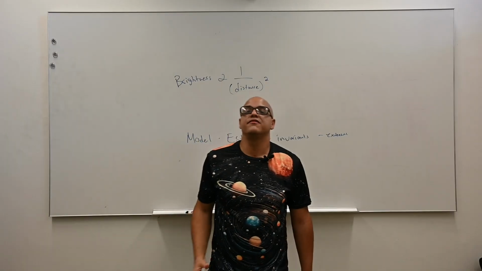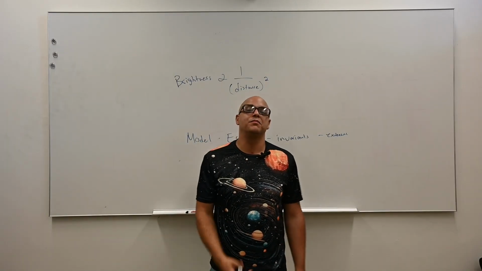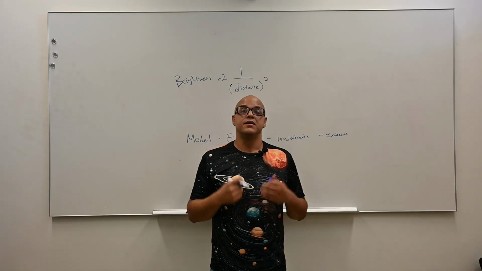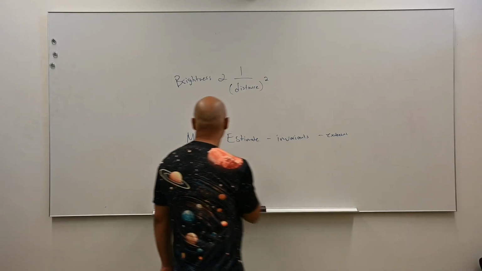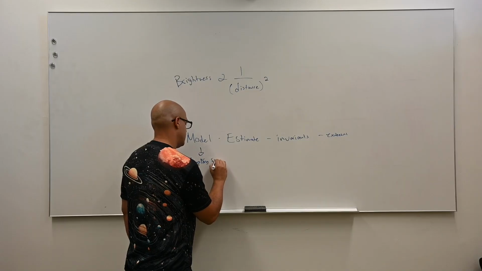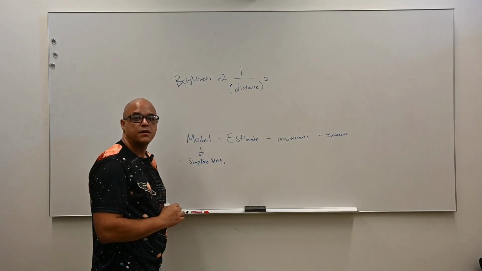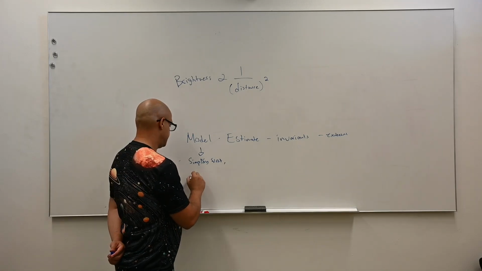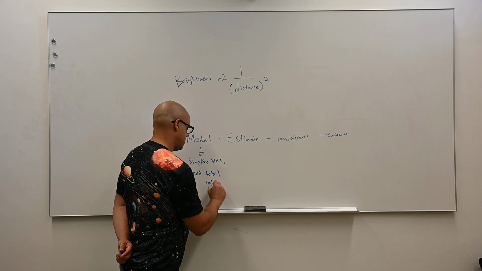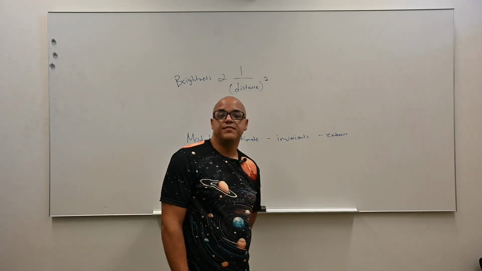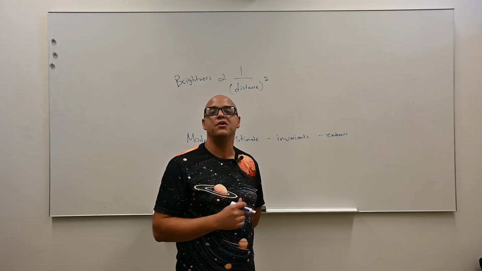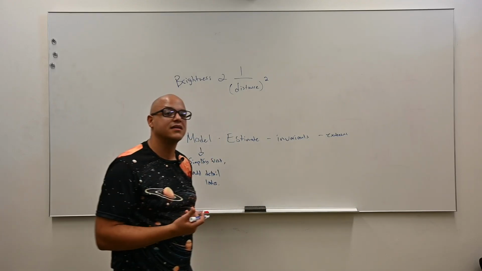Model: simplify first, add detail later. Replace the messy with a clean version you can reason about. Estimate: don't freeze. Approximate. A back of the envelope answer beats no answer.